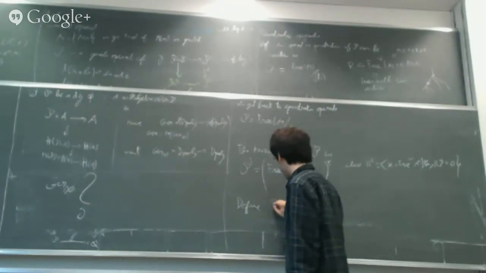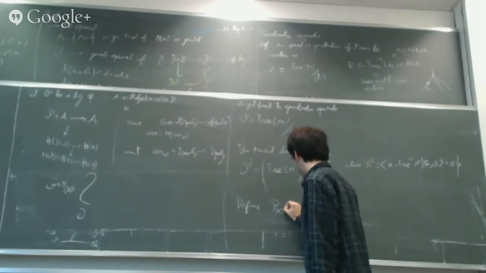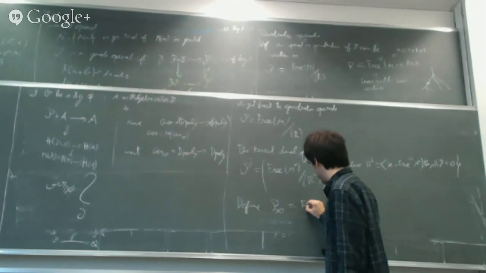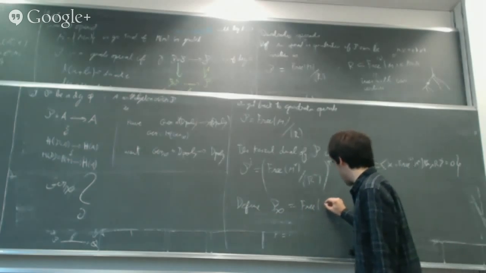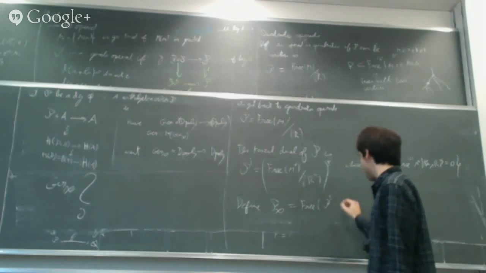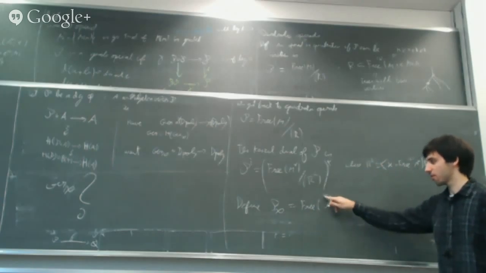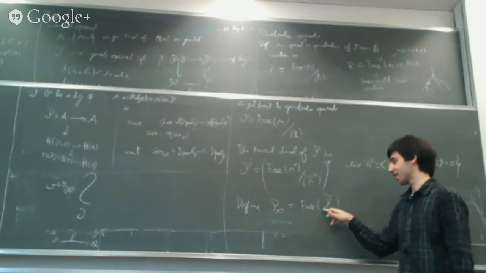So let me define directly. I define P infinity to be the free operad generated by P anti-Koszul bar. Good. What's this bar? You know that this has an identity, right?